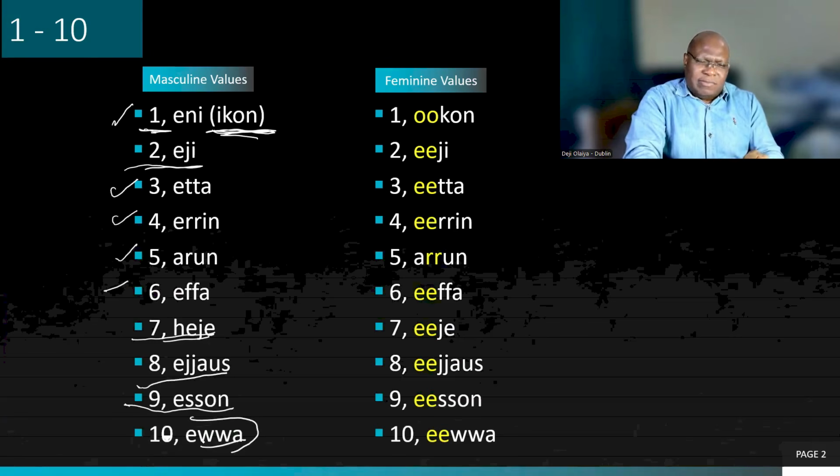Now let's look at the feminine values. They sound the same, it's just that they're a bit stressed. For example, on the masculine side we said ikan, and on the feminine side we say okan. That's the way you pronounce it.